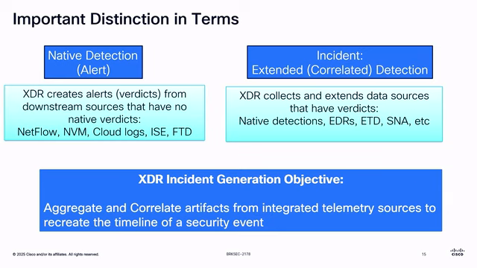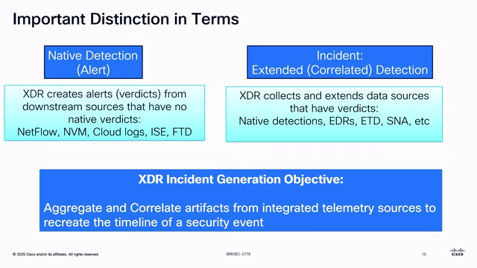Example data sets that we create verdicts out of are things like NetFlow, NVM, cloud logs, ISE detections, and data off of FTD. We can have an academic discussion about why FTD is over here in the native detection right now and not something that comes with verdicts. That has to do with history, which is not something we're going to talk about today. But as of right now, FTD data goes through the native detection engine before it arrives in an incident. There will be changes to that pipeline at some point in the future.